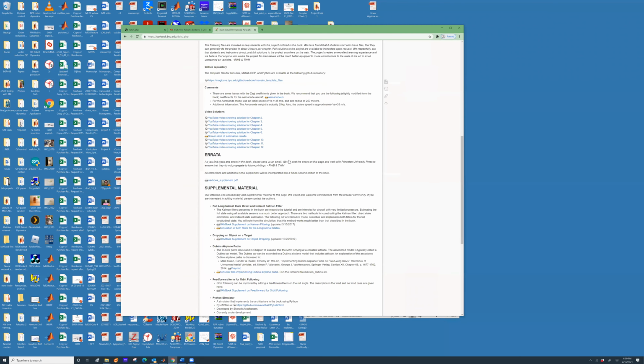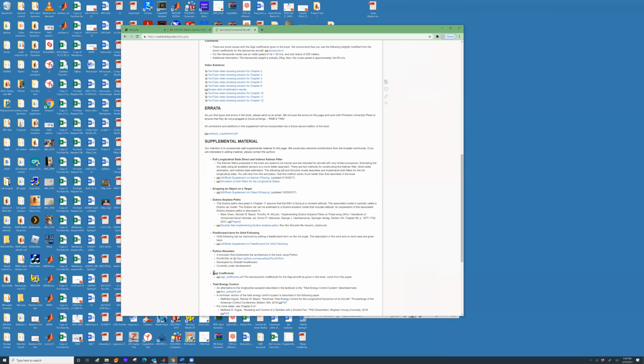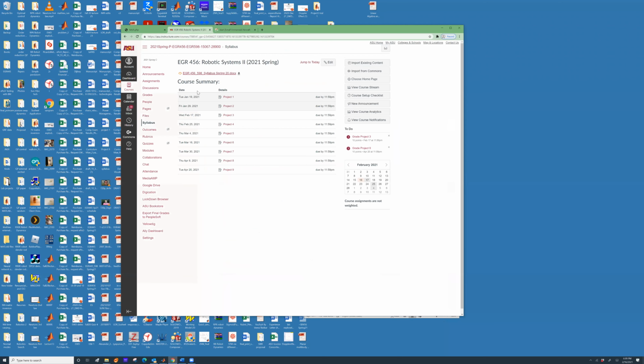On this website, if you go down, there is this Zagi coefficient file. I have uploaded the same file in the canvas, and it talks about how the Zagi airframe can actually be simulated. So you are all encouraged to look at this paper to refine your simulation.